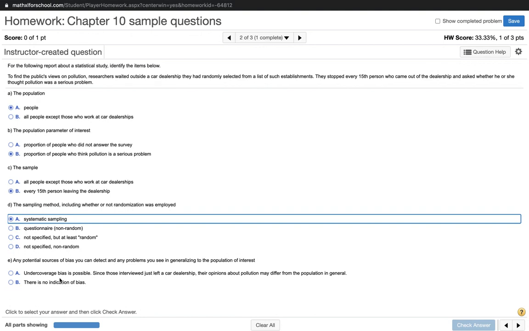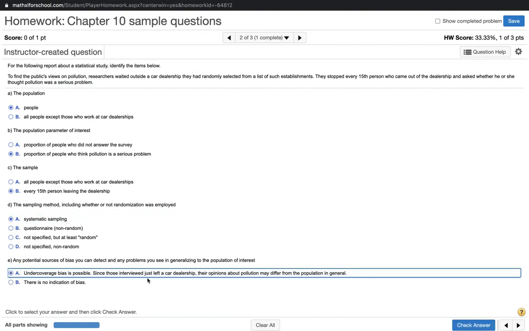Their views on pollution may differ from people who don't have a car, people who ride bikes, or people who walk. That is what is meant by undercoverage bias. So the answer here is A, because people leaving a car dealership are likely to drive a car, and their views may differ from people who don't drive.